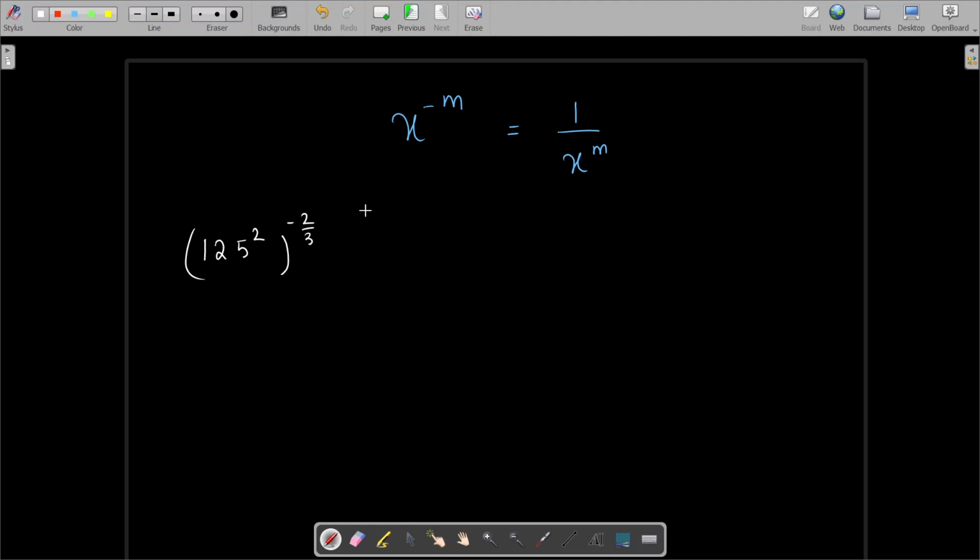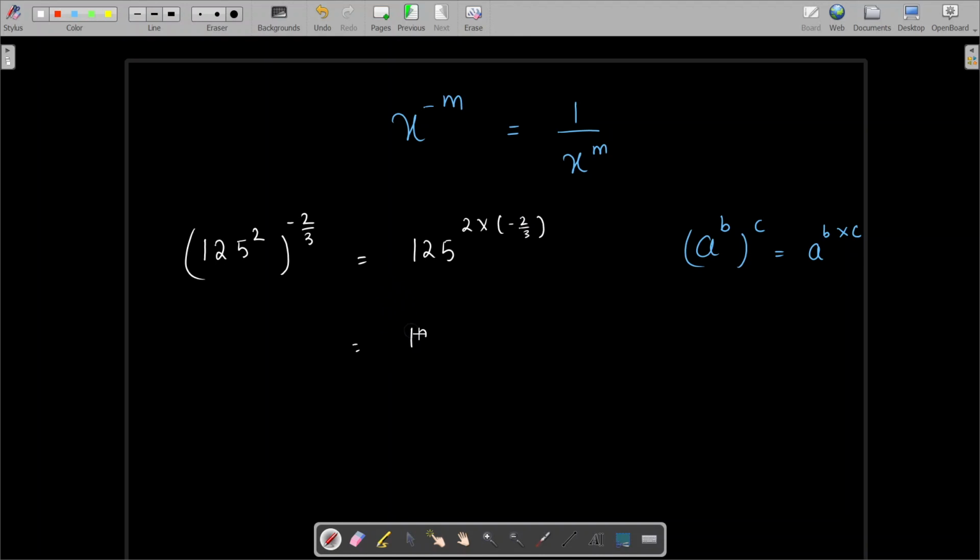So here we will also apply the power of power property. a raised to b raised to c is nothing but a raised to b times c. Alright, let's do that. So this gives us 125 raised to 2 times negative 2 over 3.